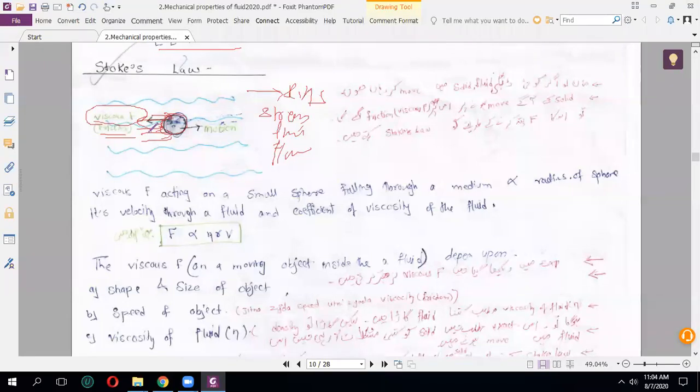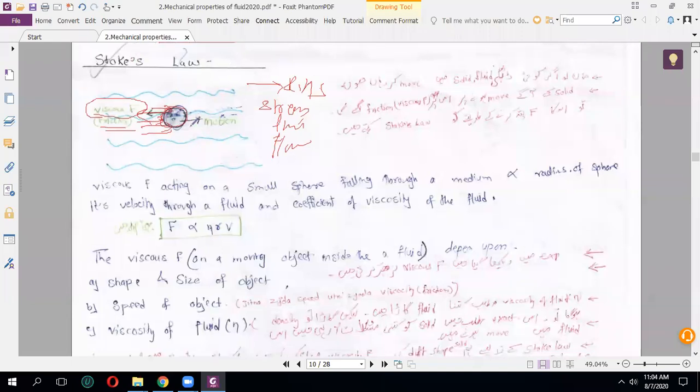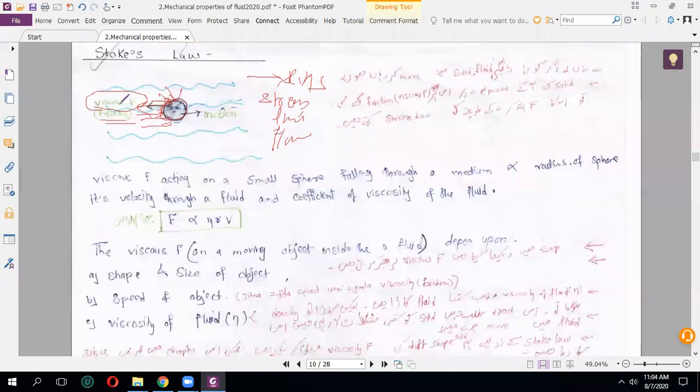Correct, students? So based on this, what does Stokes' law say? If any sphere moves opposite to the flow of any fluid, it experiences one force. That force is called viscous force. Understood, students? This is called Stokes' law.